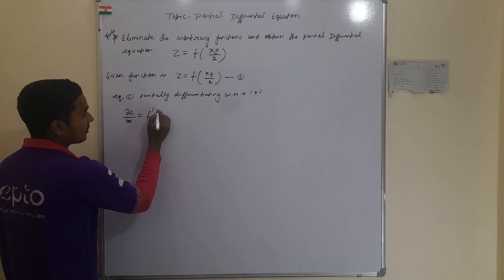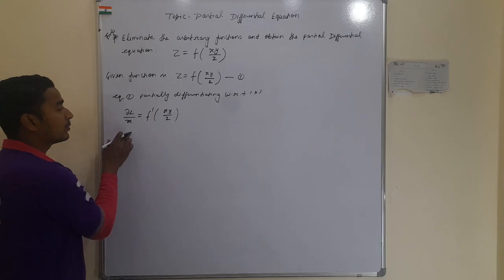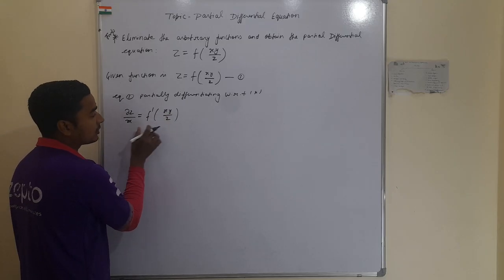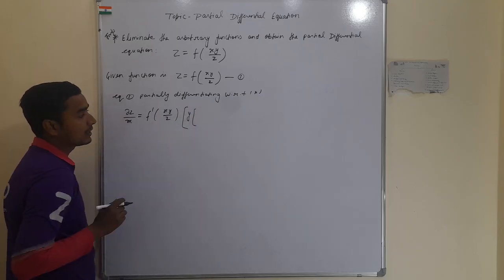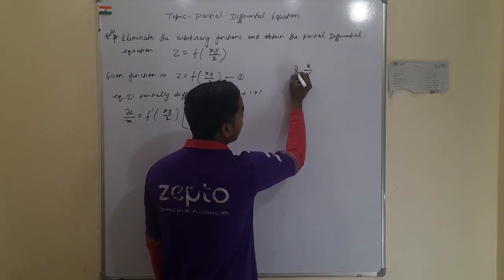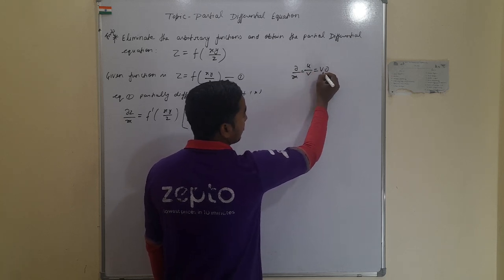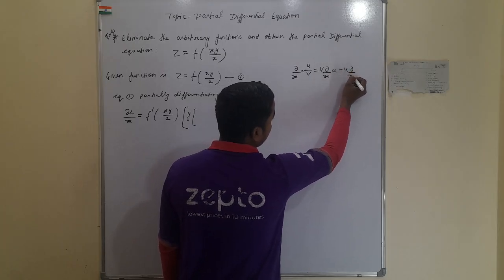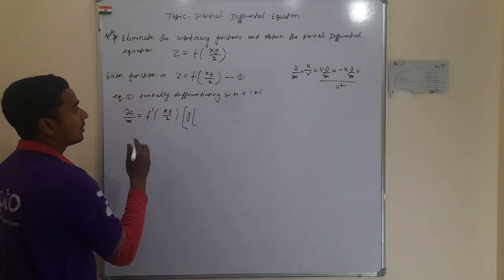When differentiating xy upon z with respect to x, taking y as a constant, we use the division rule. The division rule for u by v, del upon del x, is given by v into differentiation of the first function minus u into differentiation of the second function, upon v square. So we have to use this formula.